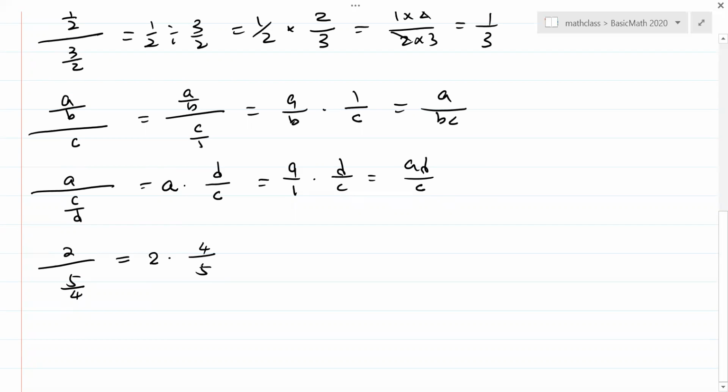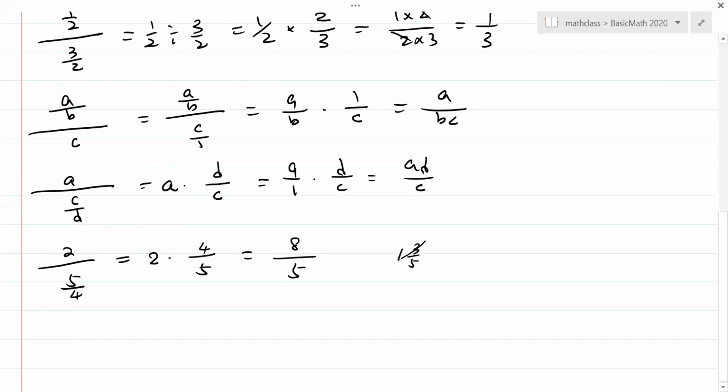When you change division to multiplication, you turn the denominator fraction upside down. So it's 4 over 5, then 2 times 4 is 8, so 8 over 5. Now, in advanced mathematics, do not express it like 1 and 3 over 5.